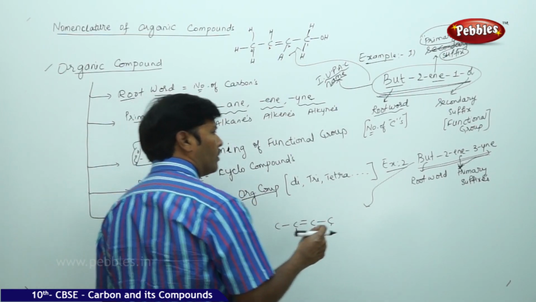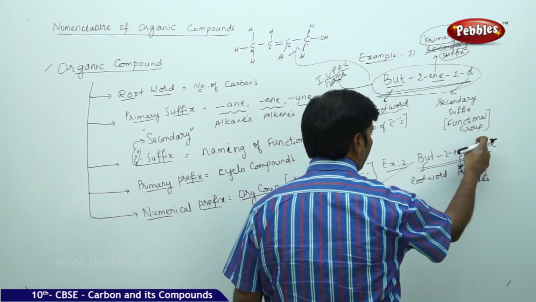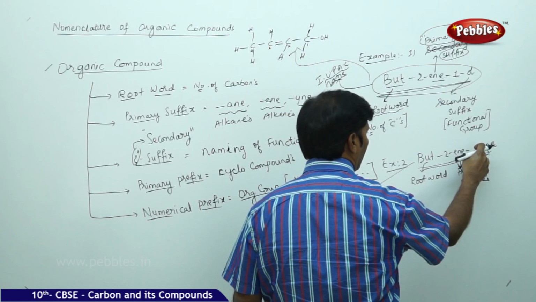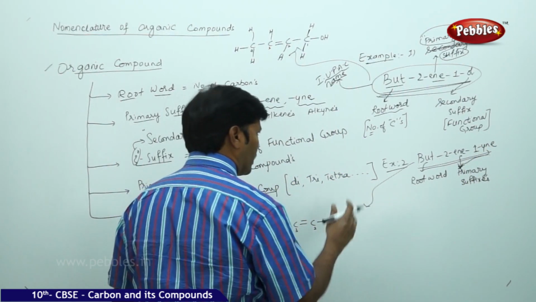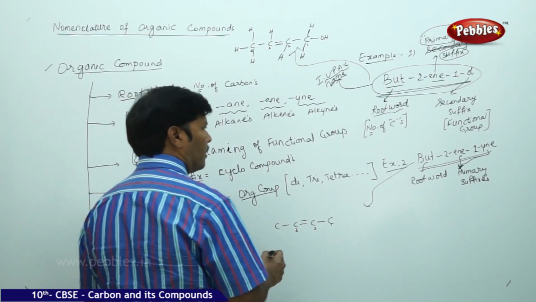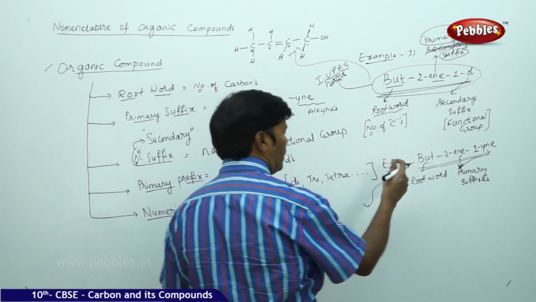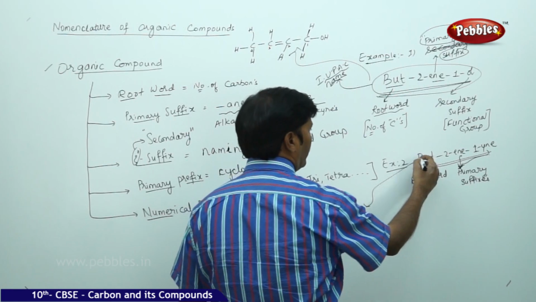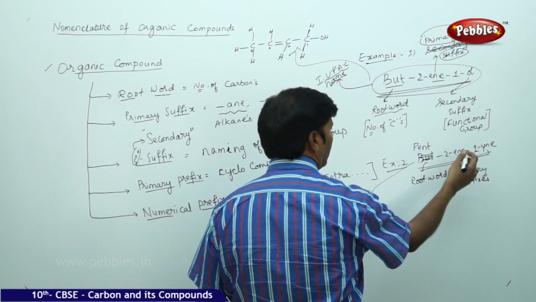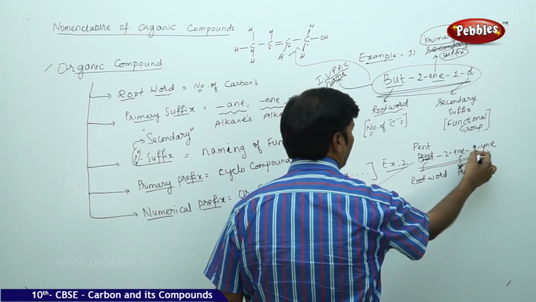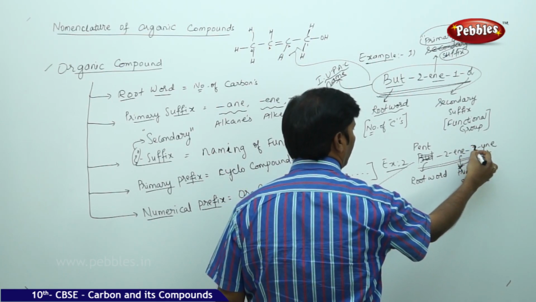I think you had better change it to 1-ene, not 2-ene, because the condition doesn't accept it. Or else you can change the root word: instead of but, you take pent, which is much better, and make it pent-3-yne.